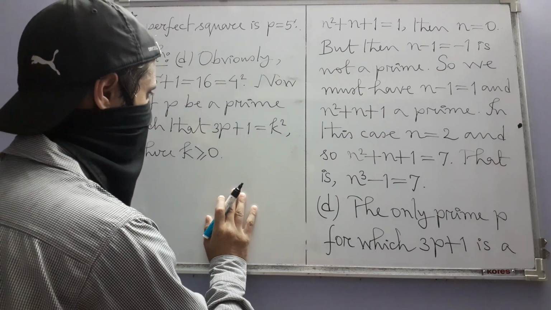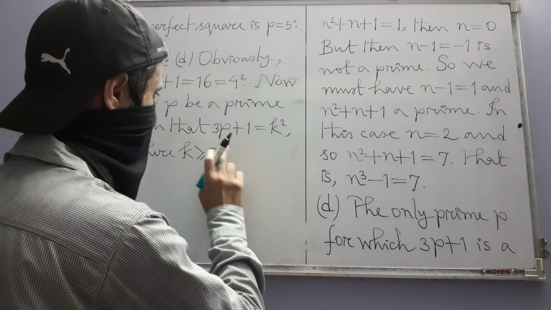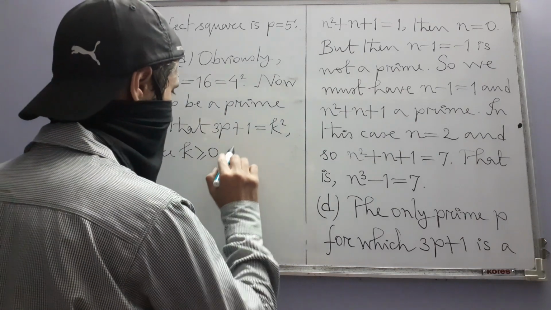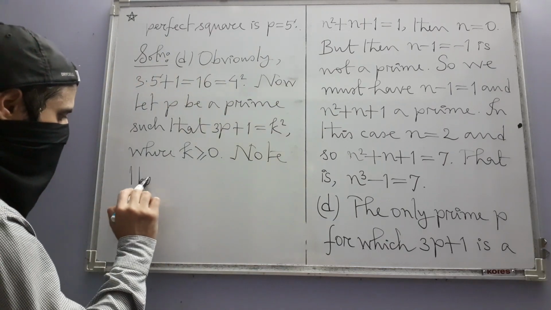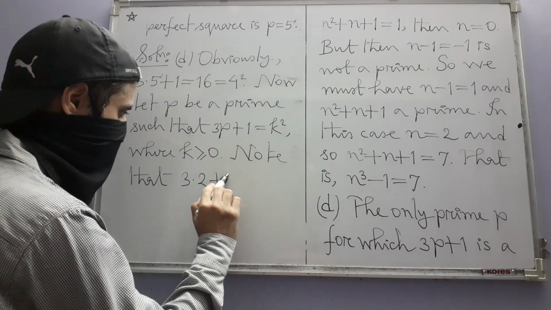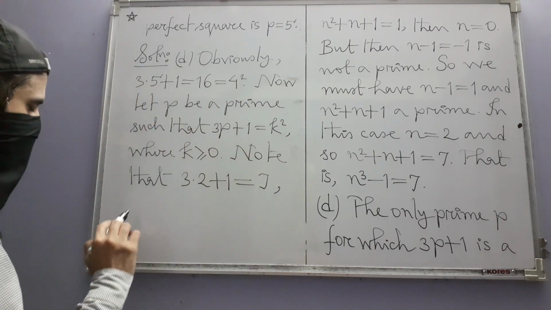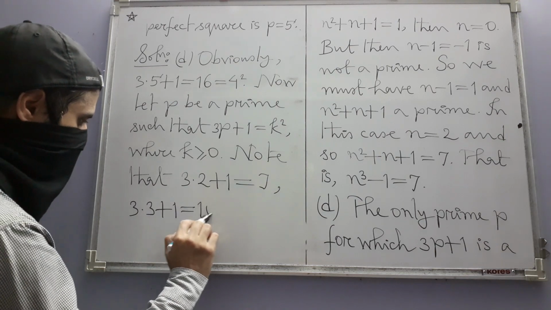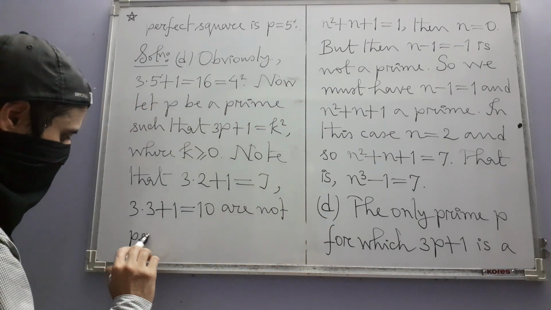Okay, but the value of k is not that much important, but let's see the first few values of p. Note that three times 2 plus 1 is equal to 7, and 3 times 3 plus 1 is equal to 10 are not perfect squares.